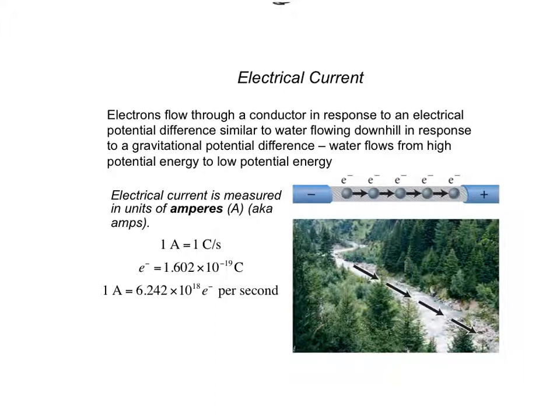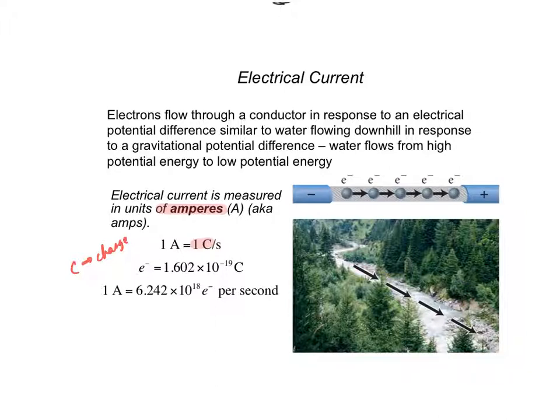It's a measure of charge per unit time, okay? We measure current in a unit called ampere, or we call this amps very frequently. An ampere is defined as 1 coulomb per second, okay? And a coulomb, this big capital C, is just a unit of charge. So this is a charge per time.